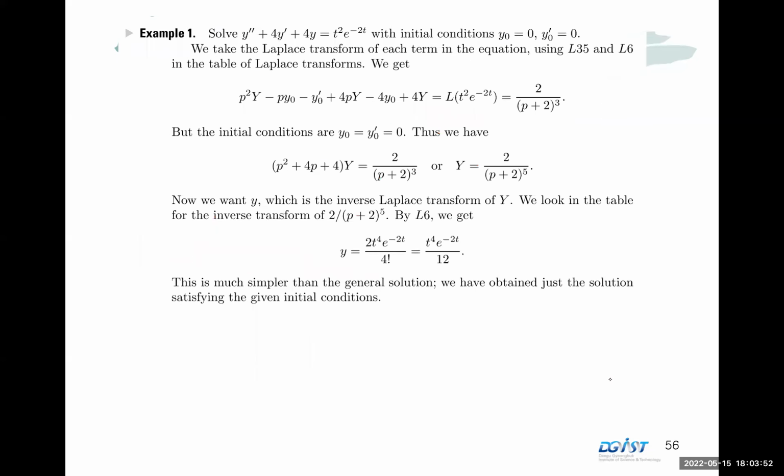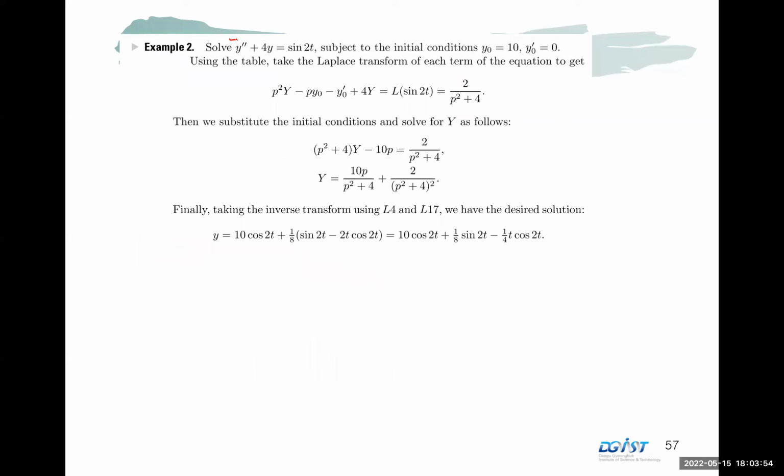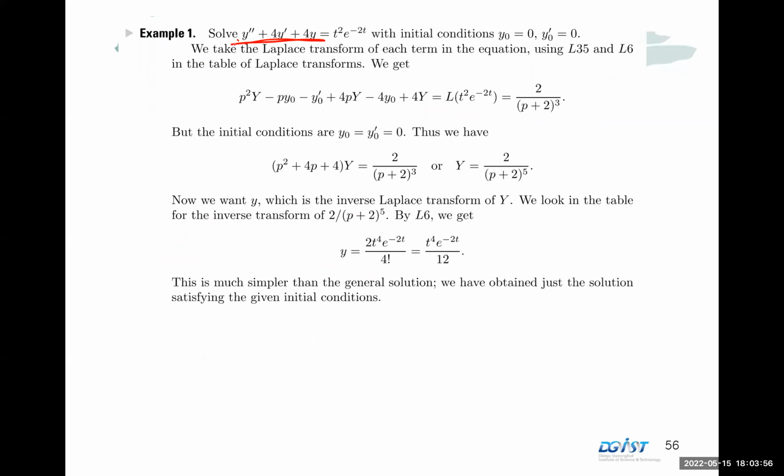Here is an example. If we have such a differential equation, which we can easily solve, a kind of harmonic oscillator, and on the right hand side we have some particular solution. And if we have such initial conditions, then let's take the Laplace transform on both sides.